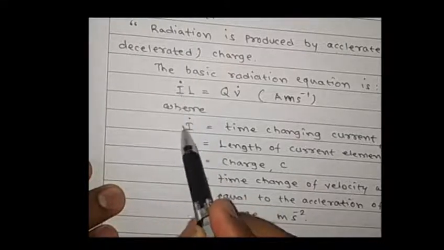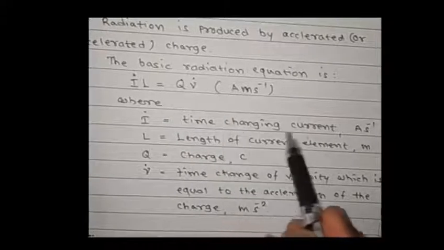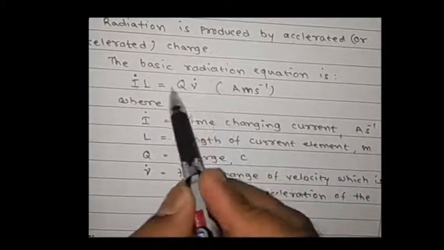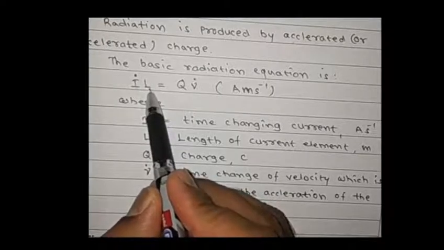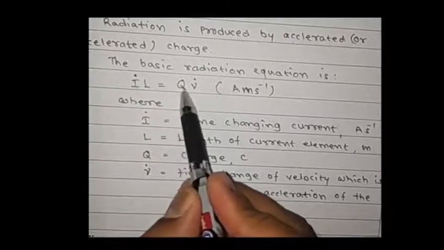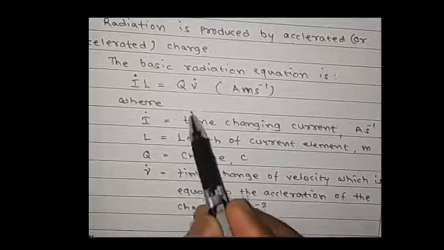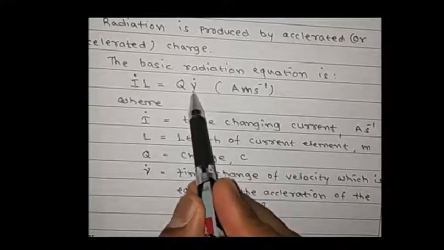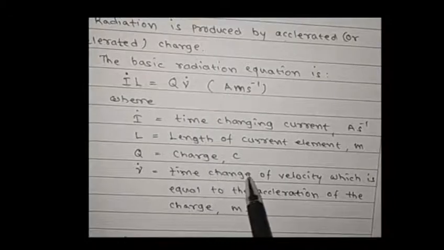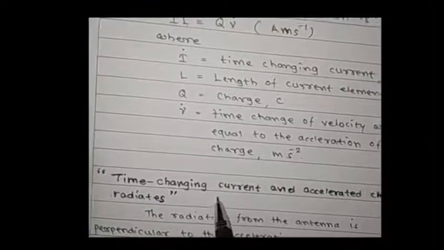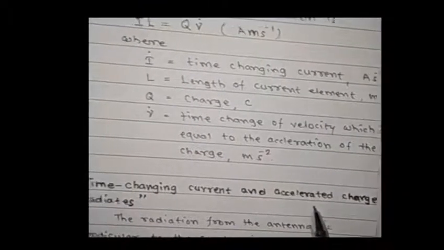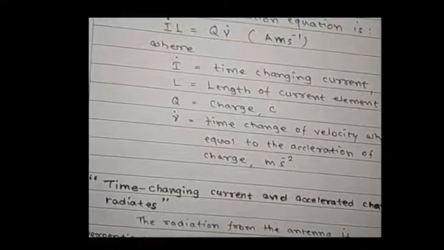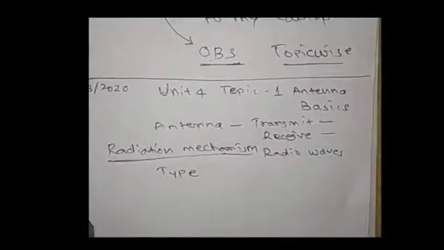As you can see here, I dot indicates a time changing current inside a length of metallic rod L, or it can also be considered as a charge moving with velocity V, which is time varying. So we can conclude that a time changing current can radiate, and it is also true that an accelerated charge can also radiate.